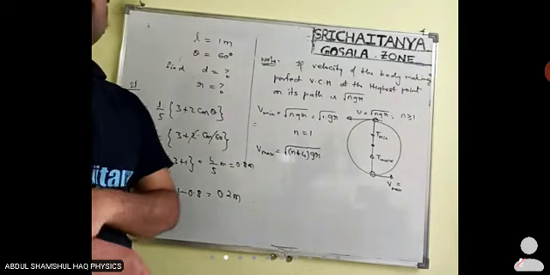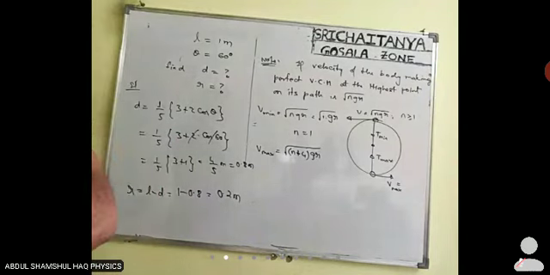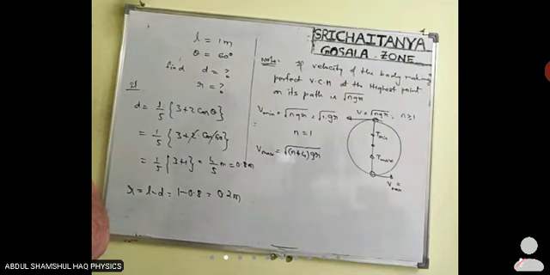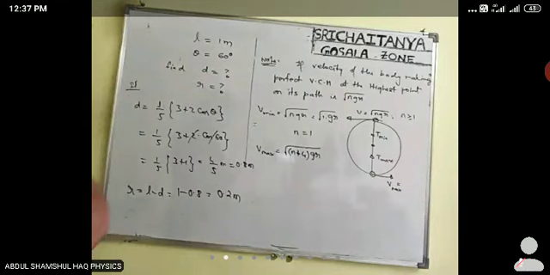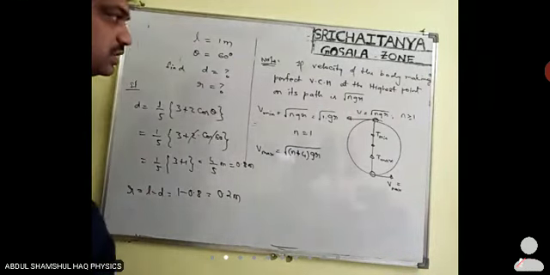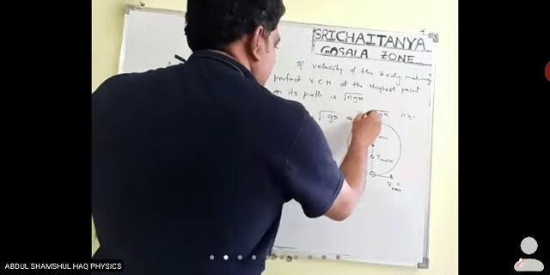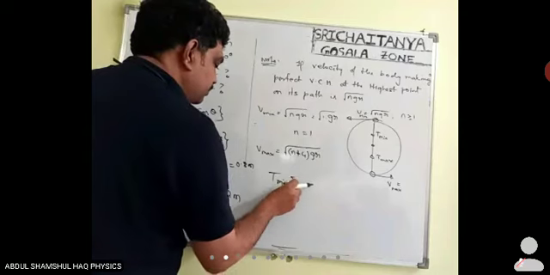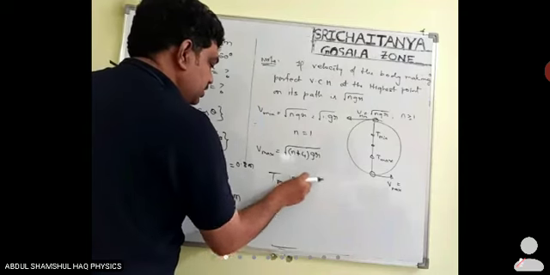Now please, Rajit Reddy, Sujay, other students, please try to understand this point. If the minimum velocity at this point is this, students, try to analyze what should be the minimum tension. What should be the minimum tension at this point?